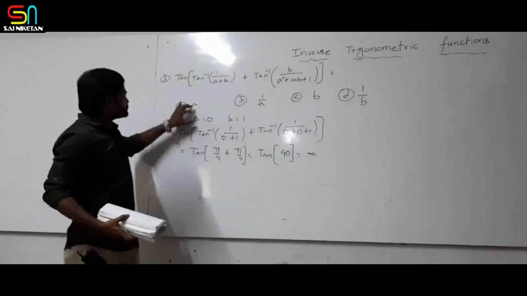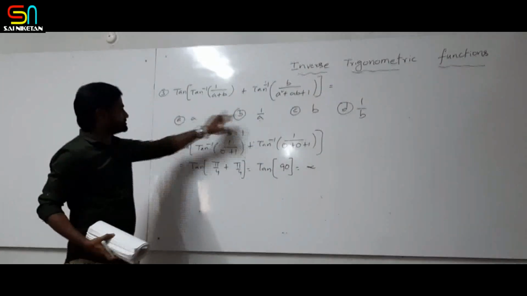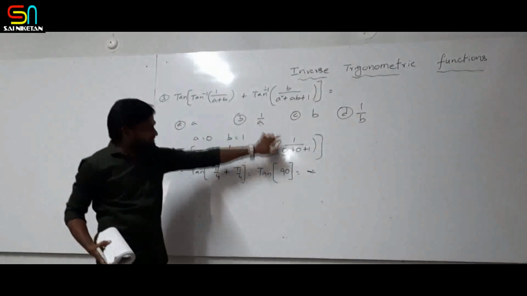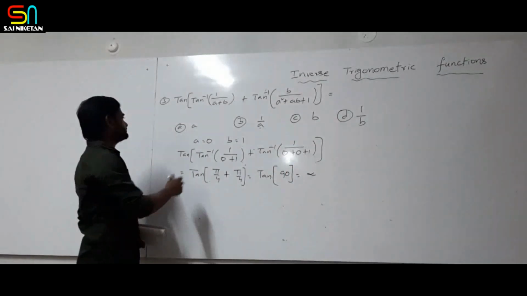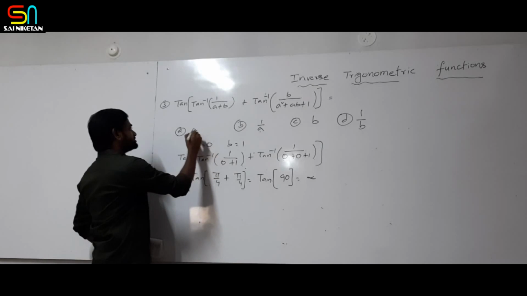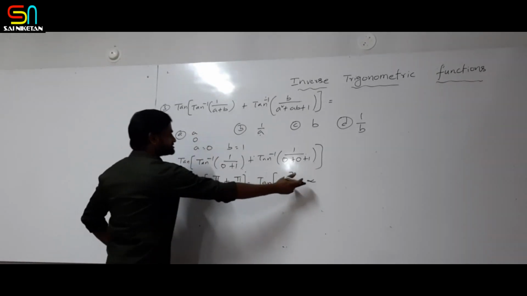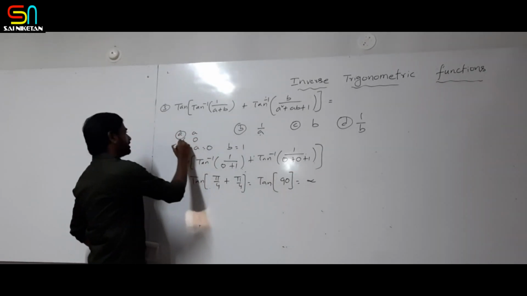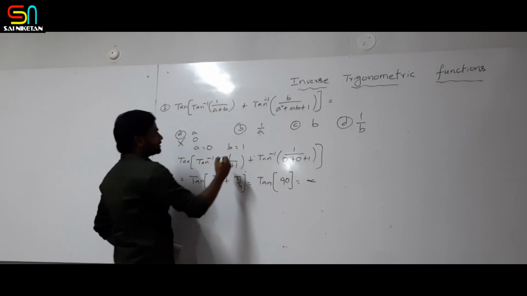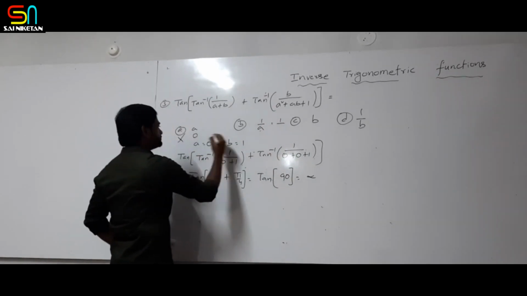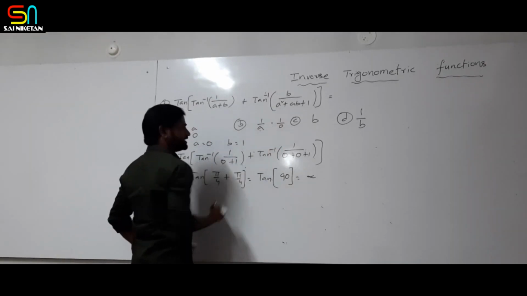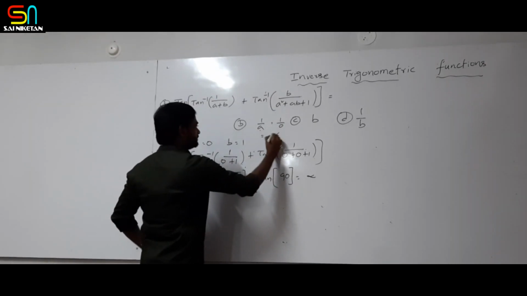Now substitute these values in the options; whichever matches the answer of the given question is the answer. Now substitute here. What is the a value? This is 0, but we got the answer as not defined, so it is the wrong option. Now come to 1 by a. What is the a value? 0, so 1 by 0 is not defined.